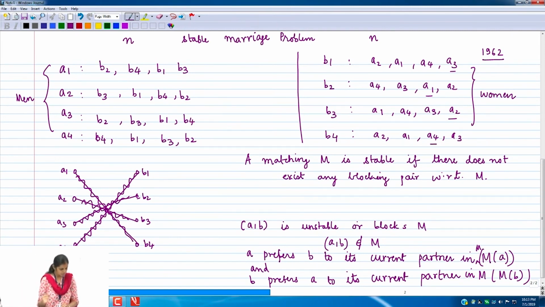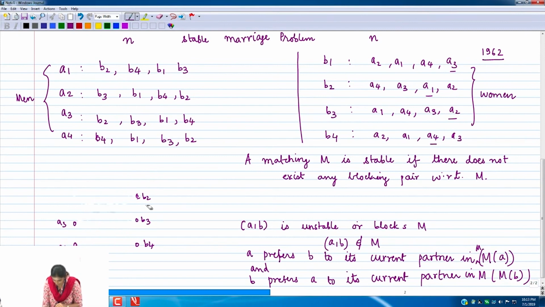Before we go on, this stable matching can be conveniently written without this graph, as a collection of edges, and I will call it M1, which is A1, B4, A2, B3, A3, B2 and A4, B1, right?